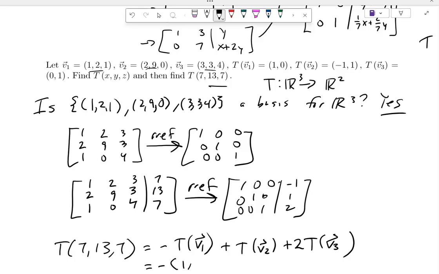And I know those answers. They give us those outputs, don't they? Negative 1 plus negative 1 plus 2 gives me 0. Negative 0 plus 1 plus 2 gives me 3 on the end.